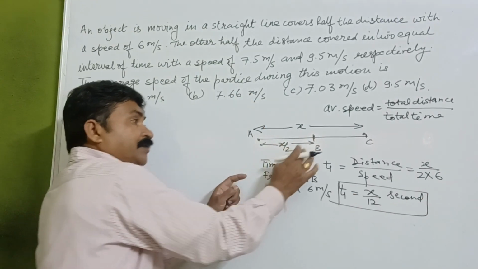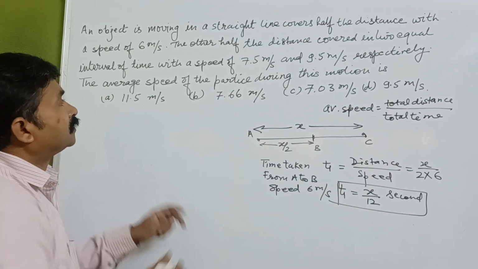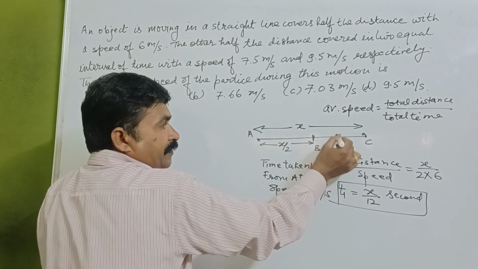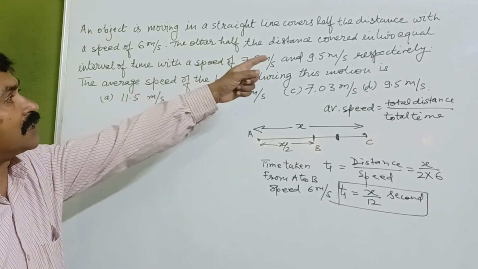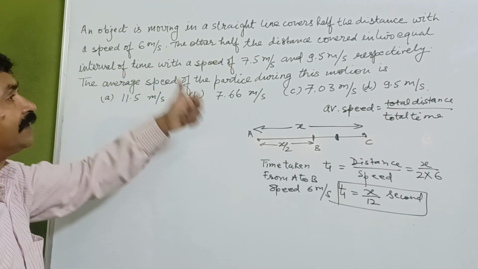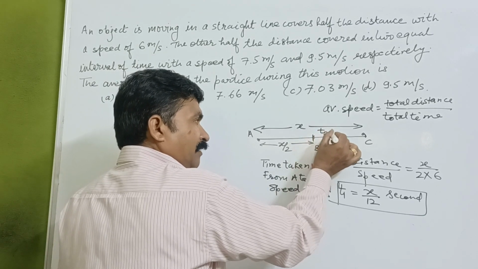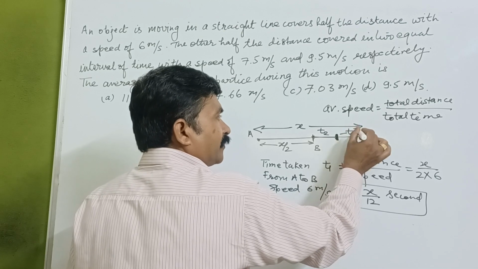Now from B to C, in this question, the other half of the distance is covered in equal intervals of time. So we take T2 from here to here, and another T2 from here to here.